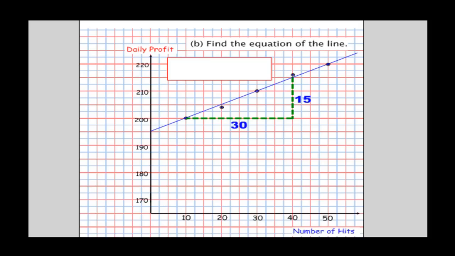This means that the gradient, m, is equal to 15 over 30. 15 divided by 30 is 0.5. So the gradient of our line is 0.5.